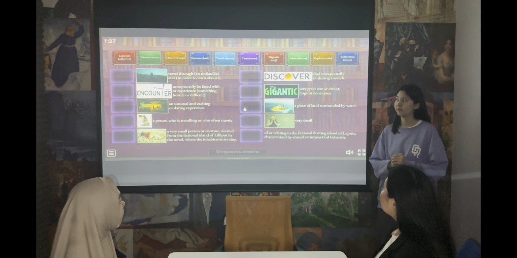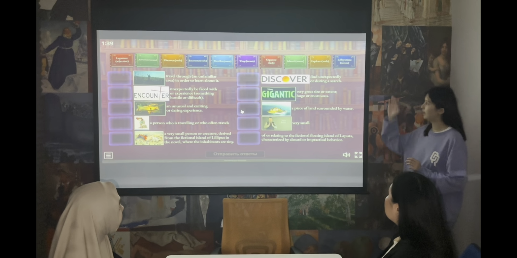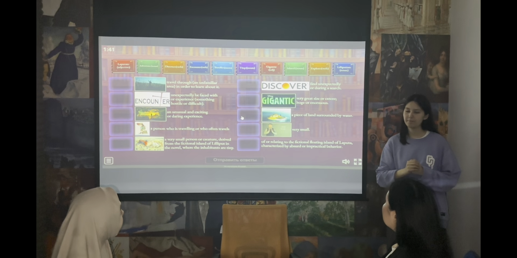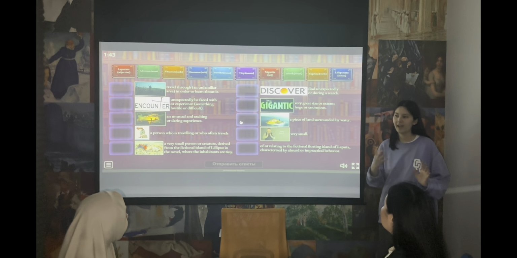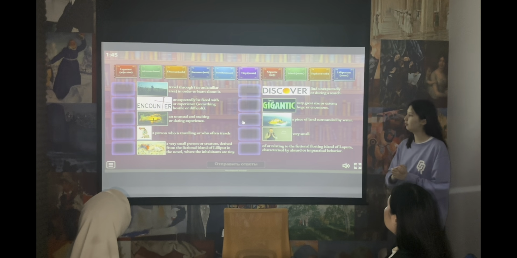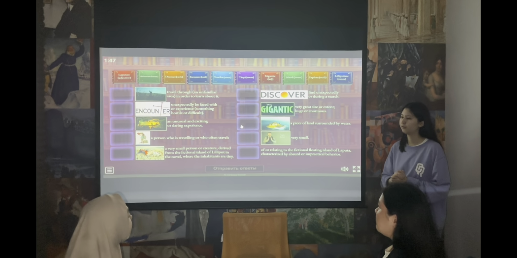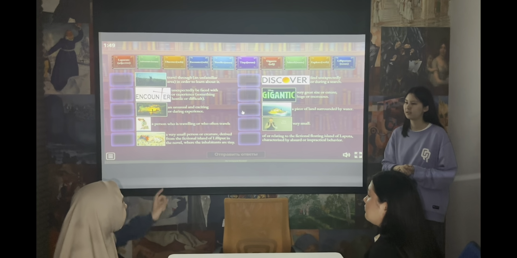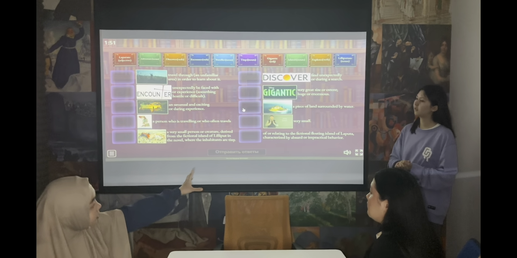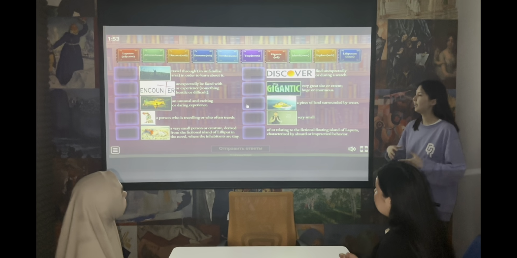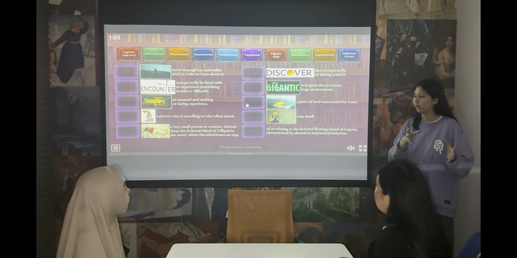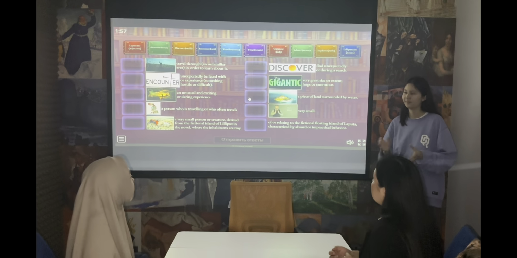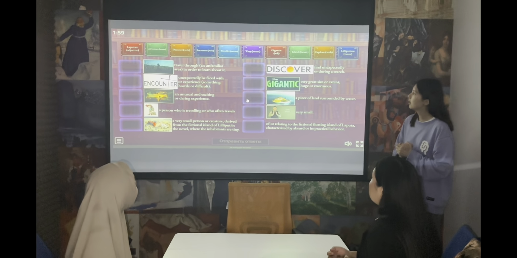Let's start from the easiest one. Tiny. For example, a mouse is tiny. Elvira, what do you think the definition of tiny is? Maybe very small because a mouse is small. Yes, we can say that a mouse is small and also a mouse is tiny, right? Yes.